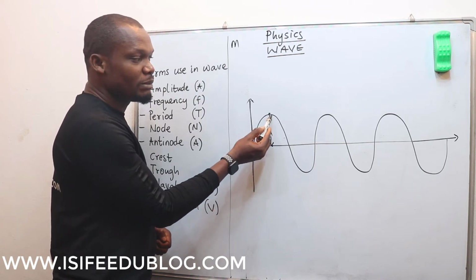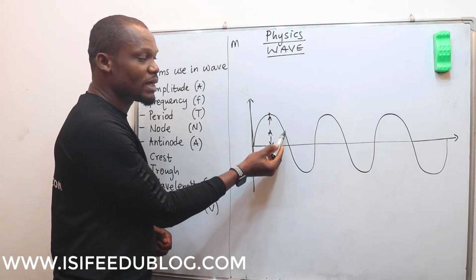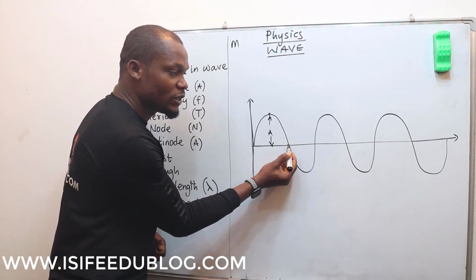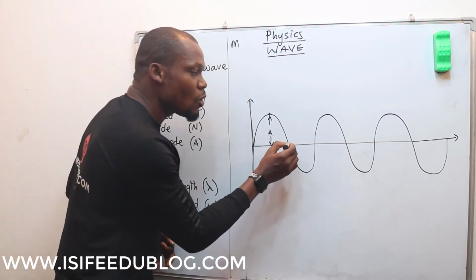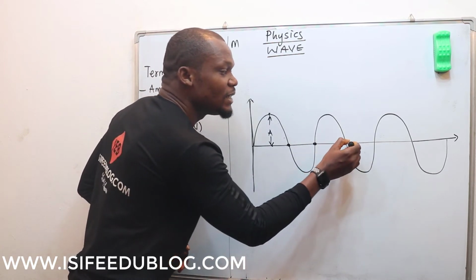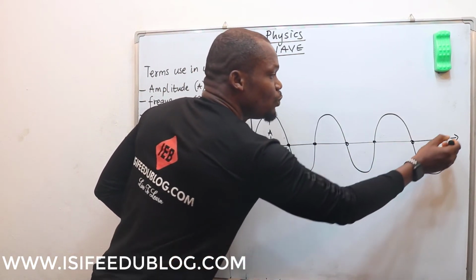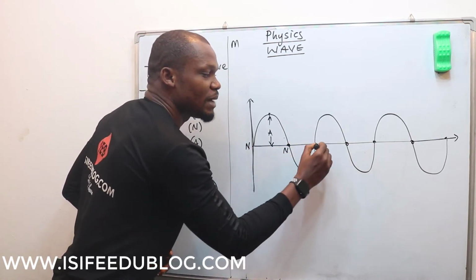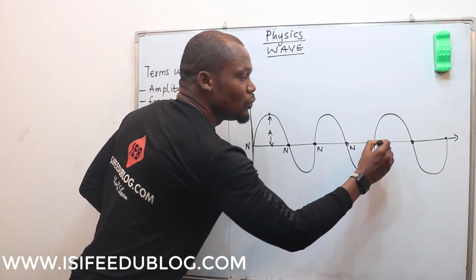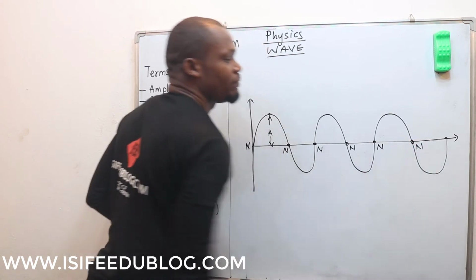From this point, it begins to come down until it gets to this point, where there is no vertical displacement at all. So all these points are zero displacement of the wave. Hence, all these points can be said to be the nodes of this wave.